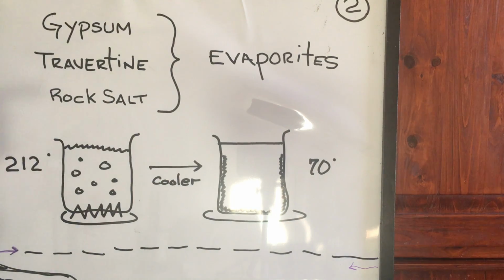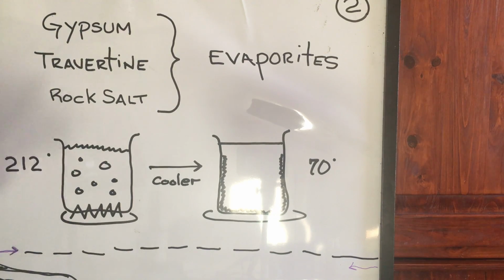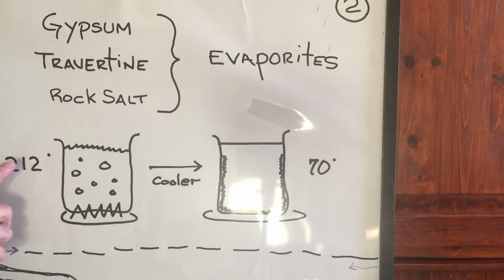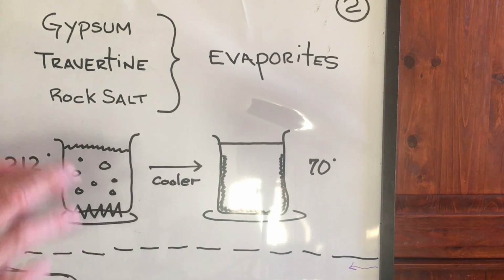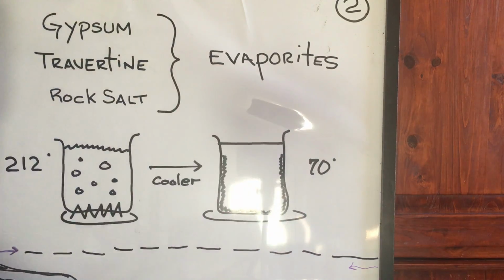If your mom ever makes corn on the cob or something that you have to boil the water in, she puts the water in a pot. She brings it up to 212 degrees Fahrenheit, which is the boiling point. The water begins to evaporate like crazy. If you let that happen all the way down and let it cool until it gets to about 70 degrees, room temperature, well, all the water will be gone, right?